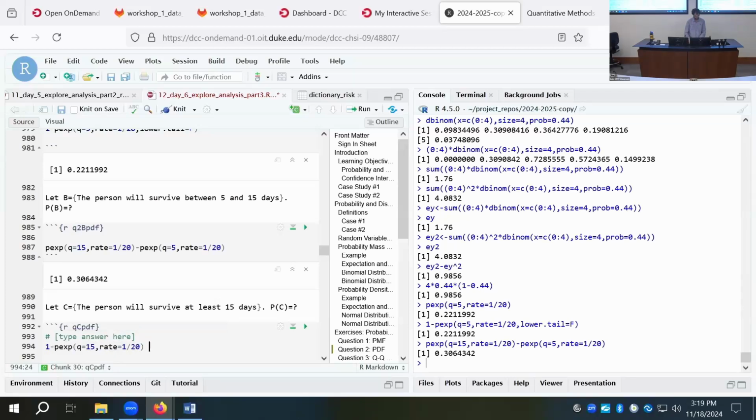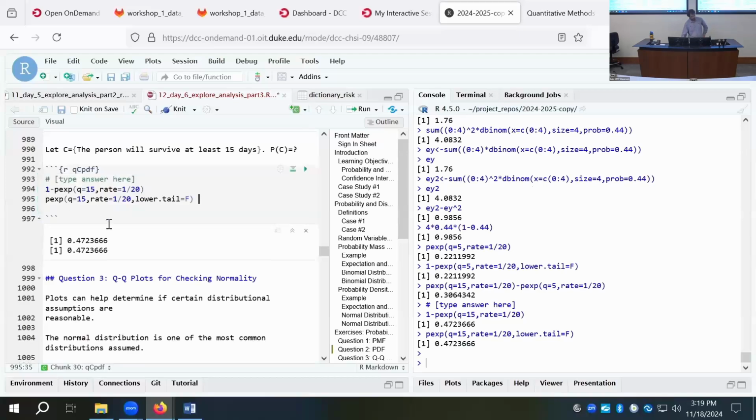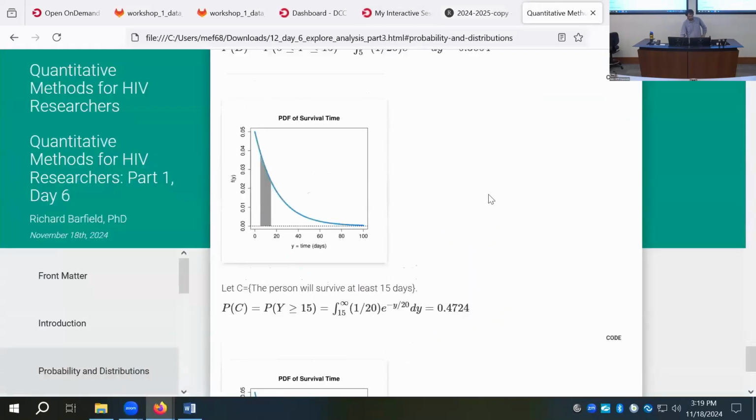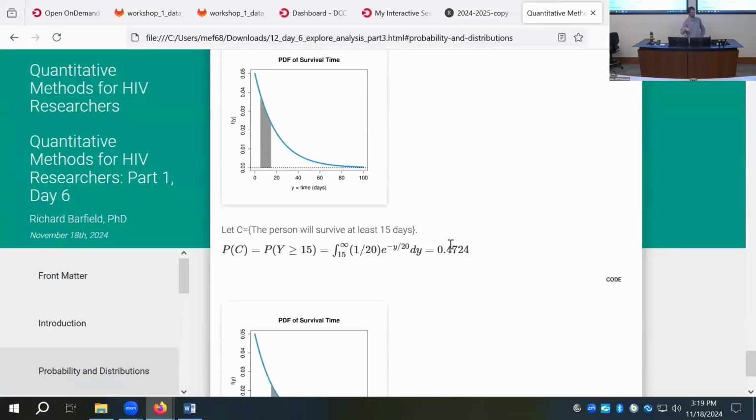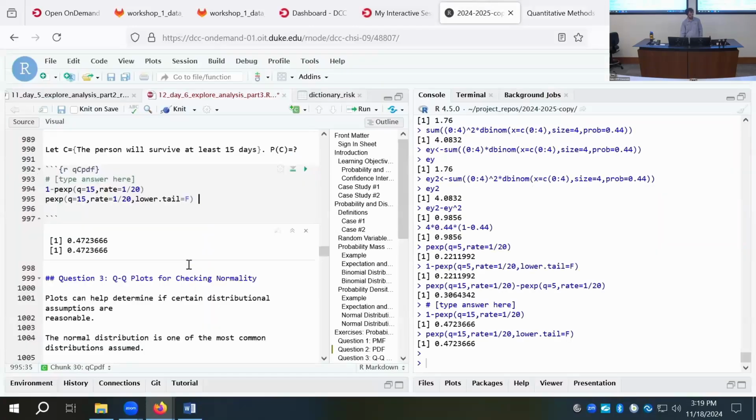We go 1 minus that, or p(exp), q equals 15, rate equals 1 over 20, lower tail equals false. That gives us 0.472. So the probability that someone survives at least 15 days is 47%, which is what we got when we used the integrate function within R. Okay.